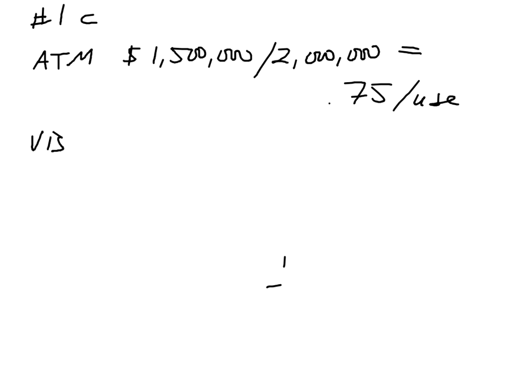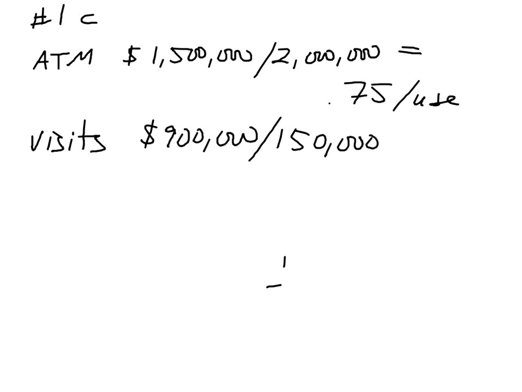For branch visits, that cost $900,000. And customers visited a total of 150,000 times, so that comes out to $6 a visit. So as you can see, bank visits are very expensive.